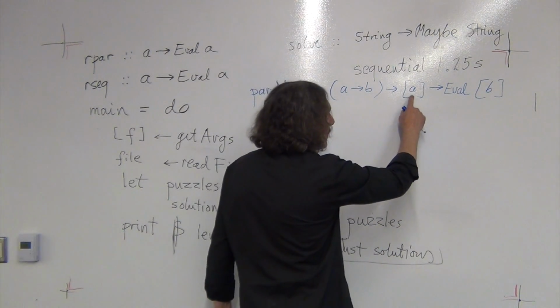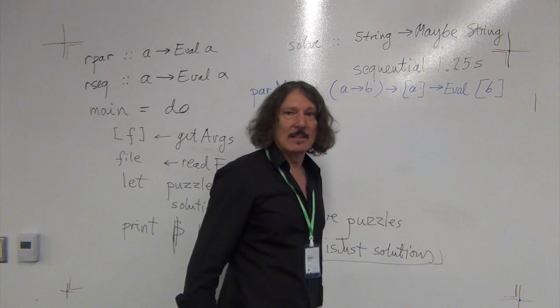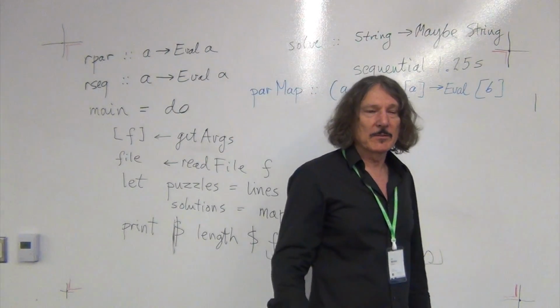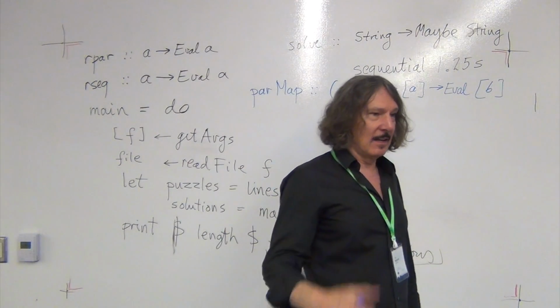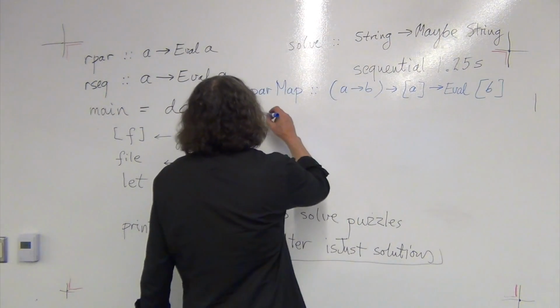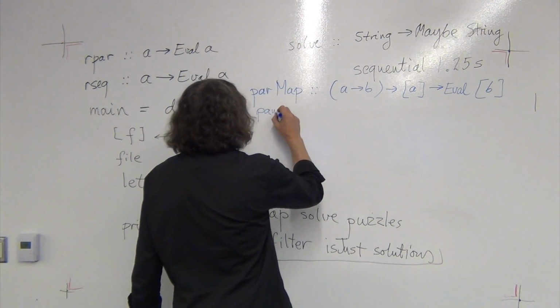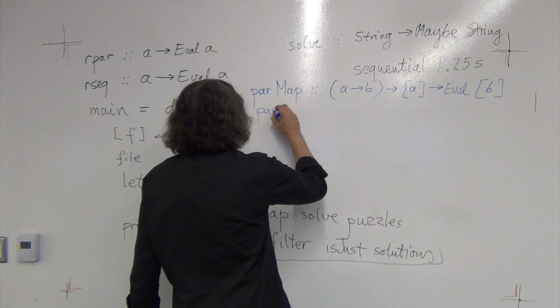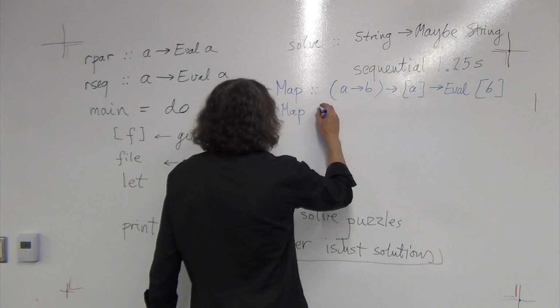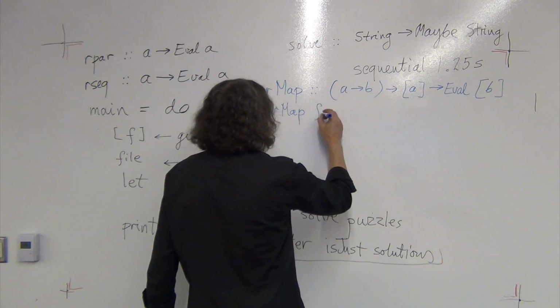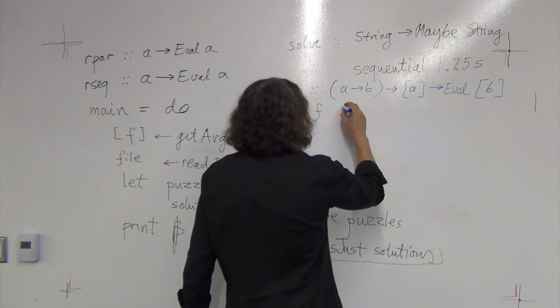So how do we implement this thing? Well, one of the arguments is a list. So how do you implement functions on lists? You pattern match to empty list and head and tail. So what should parmap do? So there's some function f, right? And empty list.